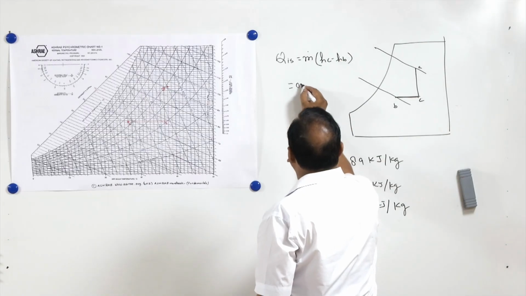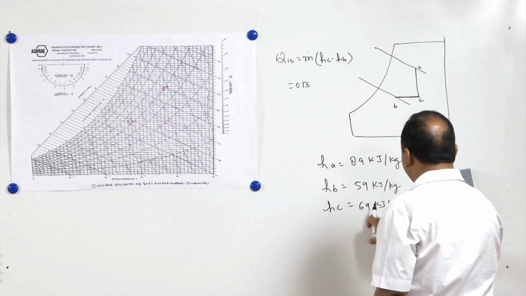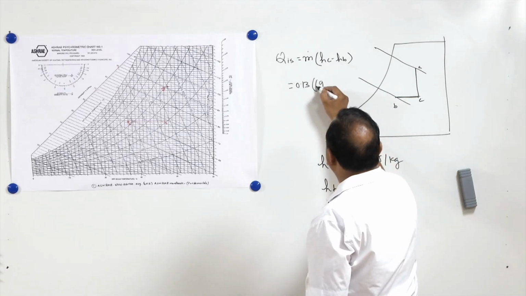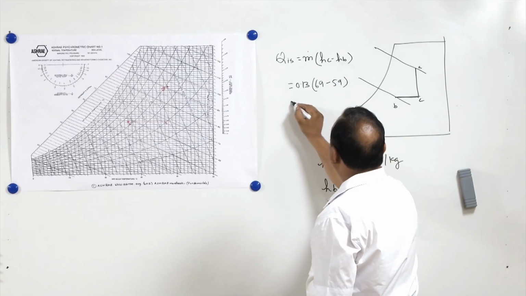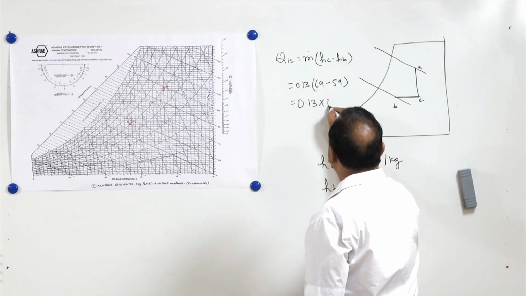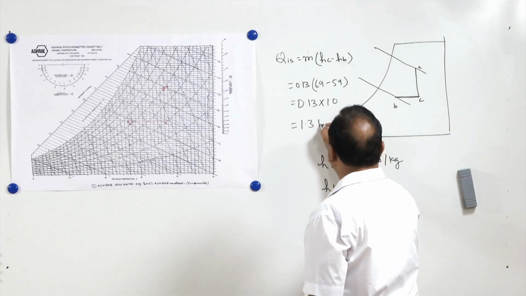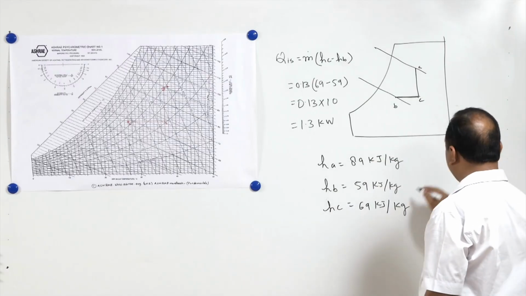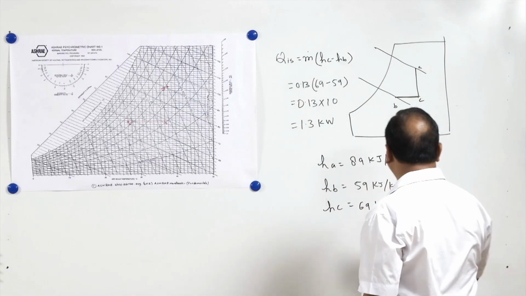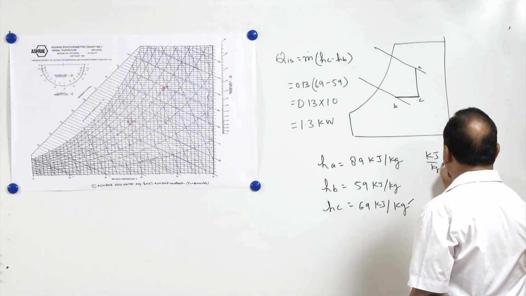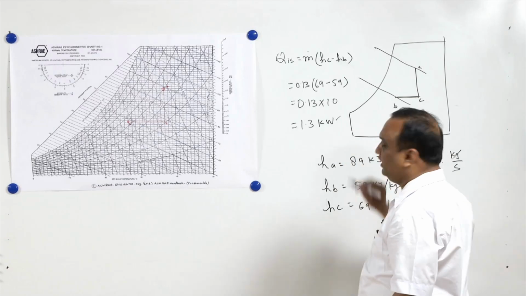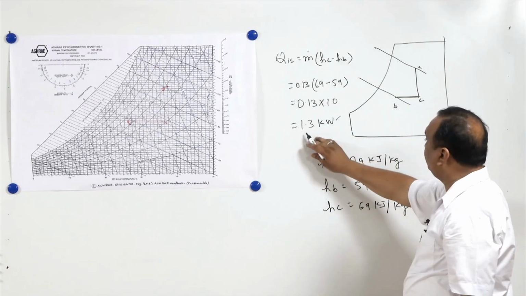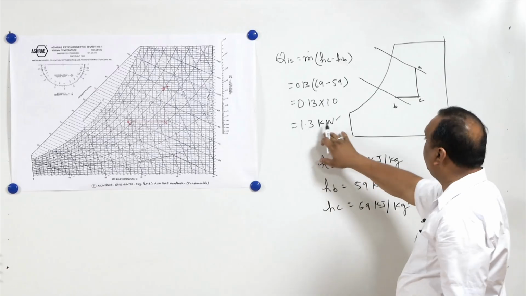So mass flow rate is 0.13 kg per second, HC is 69 kilojoules per kg, minus HB, 59 kilojoules per kg, and that is 0.13 multiplied by 10, 1.3 kilowatt, because kilojoules per kg multiplied by kg per second will give kilojoules per second, which is in terms of kilowatt. So the heat which is coming into the room is approximately 1.3 kilowatts as sensible heat.